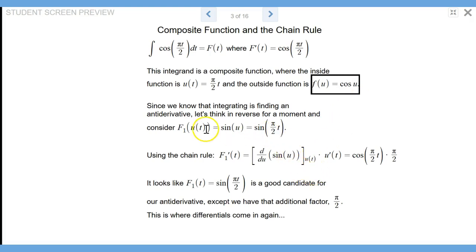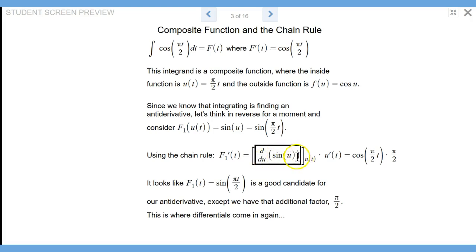So let's take a step back and look at what we're doing. If we're saying that I'm going to make a substitution, and because the antiderivative of cosine u is sine u, what happens when I find the derivative of sine u?